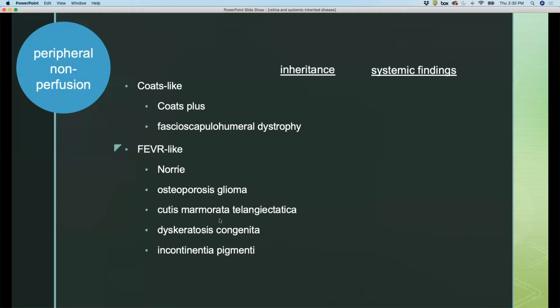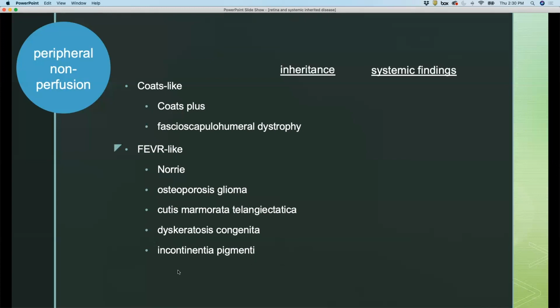And then there are 3 other diseases, 2 of which are not in the book, I don't think. Cutis marmorata telangiectatica, if I spelled that right, and dyskeratosis congenita. Both of these affect the skin, as you can tell by the dyskeratosis and the cutis. And then the third, incontinentia pigmenti, is in the book, and it also affects the skin.